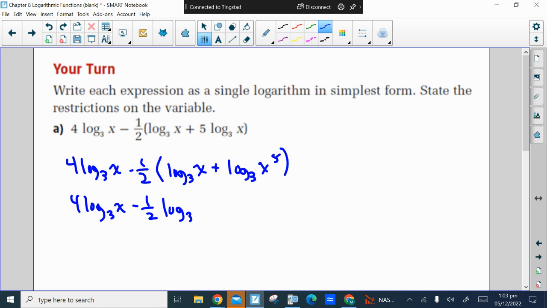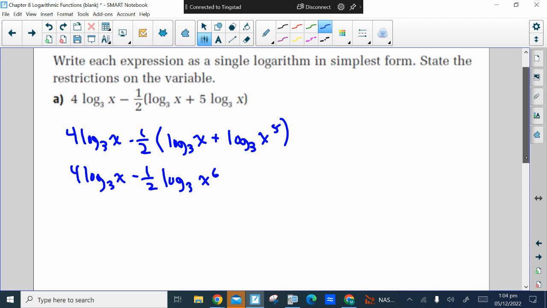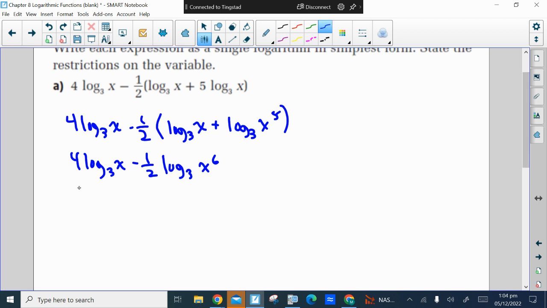Because you're adding the logs, you would multiply the arguments. The argument, remember, is what you're taking the log of. So x times x to the fifth would be x to the sixth. Now, before we can use our final law, the quotient law, at the end, we have to get rid of the coefficients on both of these terms.